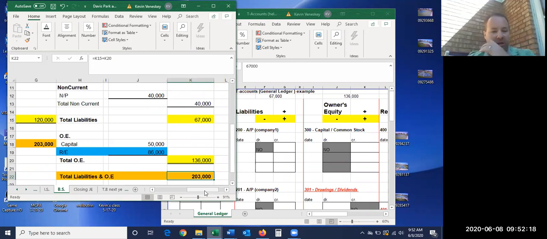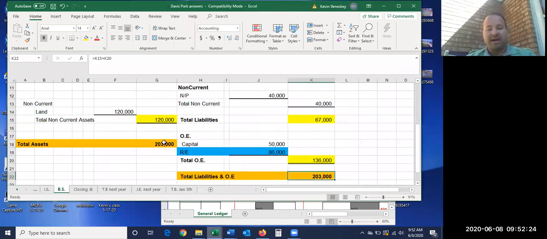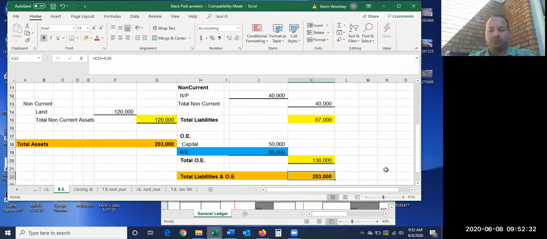And they better equal the same thing as what my assets were. And they do. My assets were 203. And then when you add these two up, it's also 203. That is your check figure to see if you've done everything right. Full circle. Did the accounting equation actually balance?